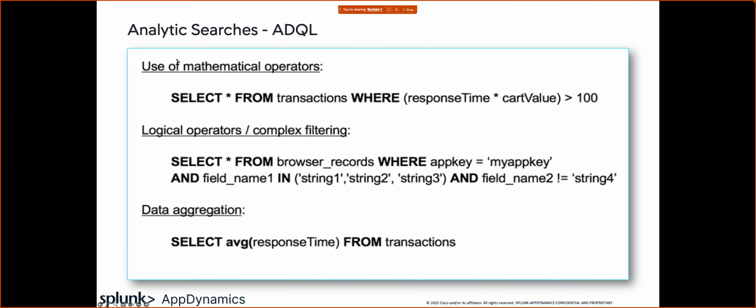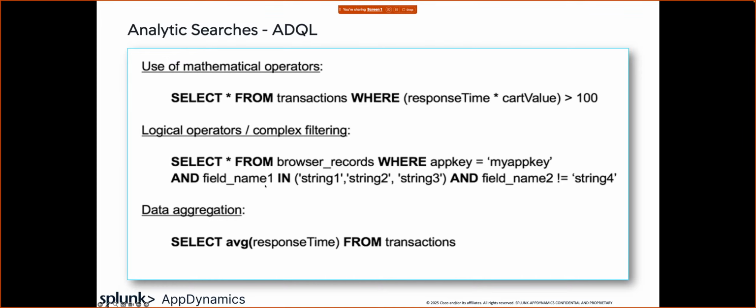And so you'll find mathematical operators, and then you have logical operators and complex filtering. So a logical operator is like, I want the where app key equals whatever the app key is. You have a list of things, it might be not equals, greater than, or less than, things of that nature.